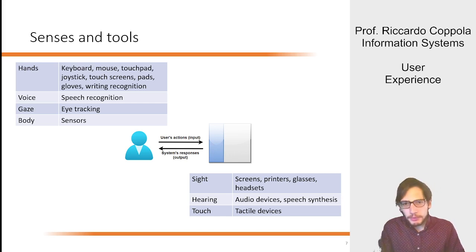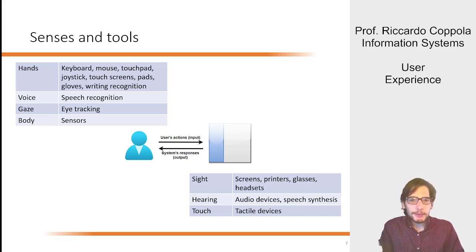But there are other ways a user can interact with the system. For instance, with his voice, by speech recognition, or by using the eyes, if you think of eye tracking systems that are available, or more recently, there are a lot of sensors that just recognize and register the movement made by the user's bodies.